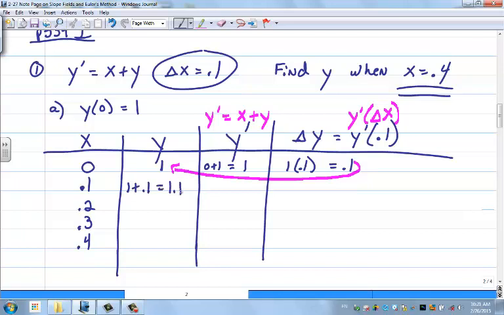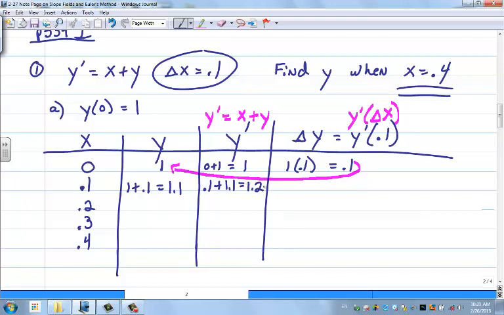All right, so now what are we going to do next? Well, we're going to find y prime again. This time we have a different x, a different y, so we're going to have a different y prime. Y prime is equal to x, which is 0.1, plus y, which is 1.1. So I get 1.2.